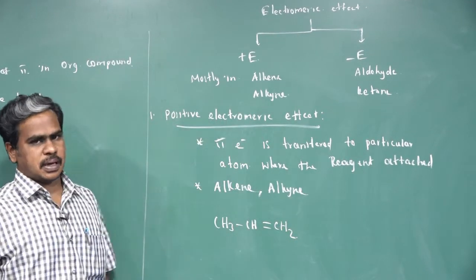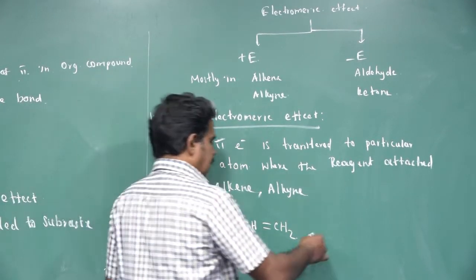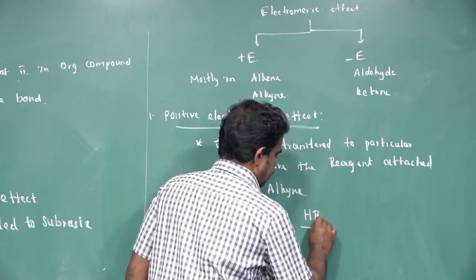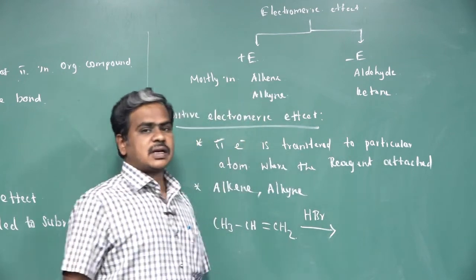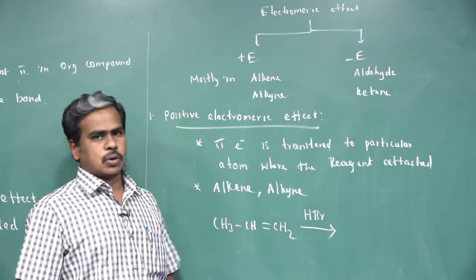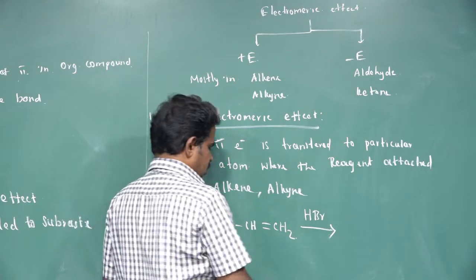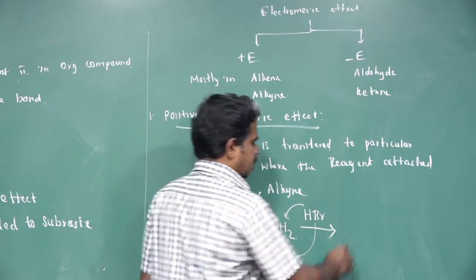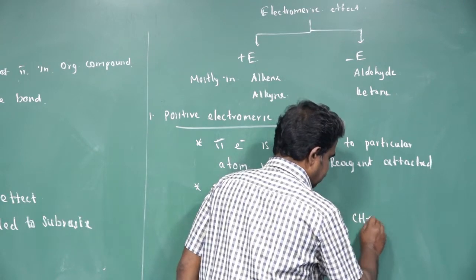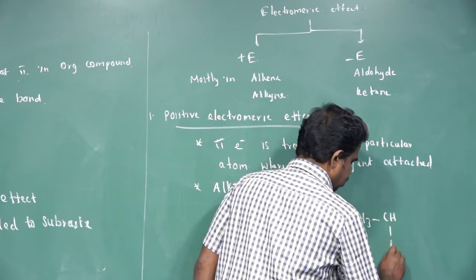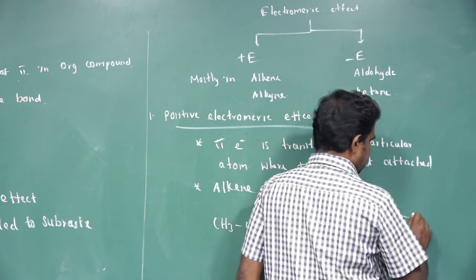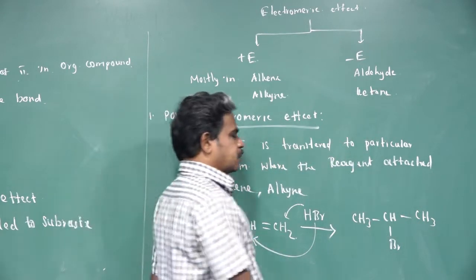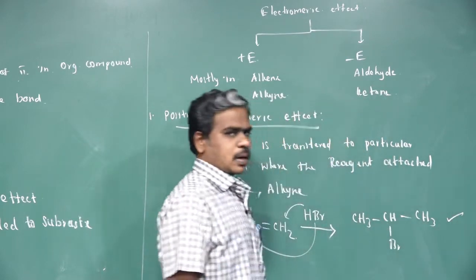When propylene is reacted with HBr, hydrogen bromide, the hydrogen and Br are attached here. So we are getting CH3, CHBr, CH3. It is the correct product.